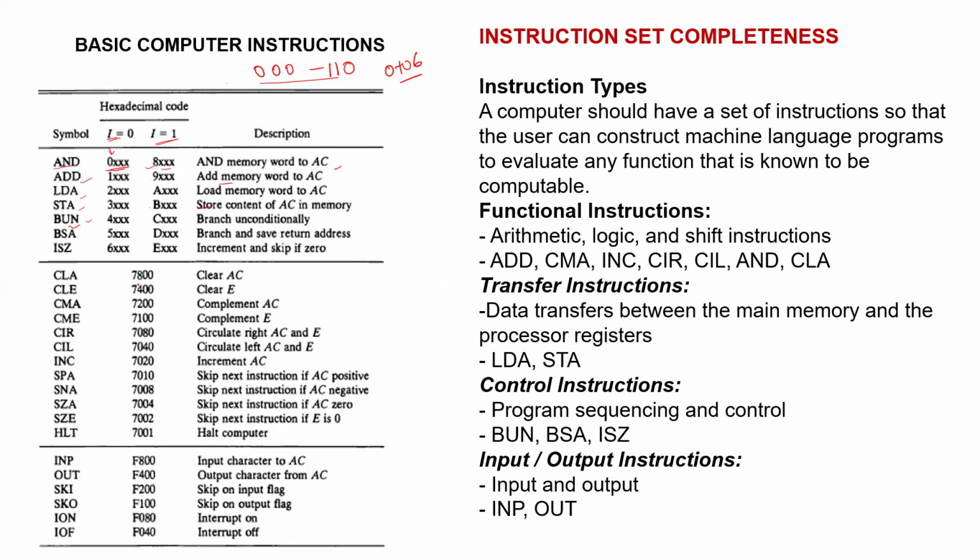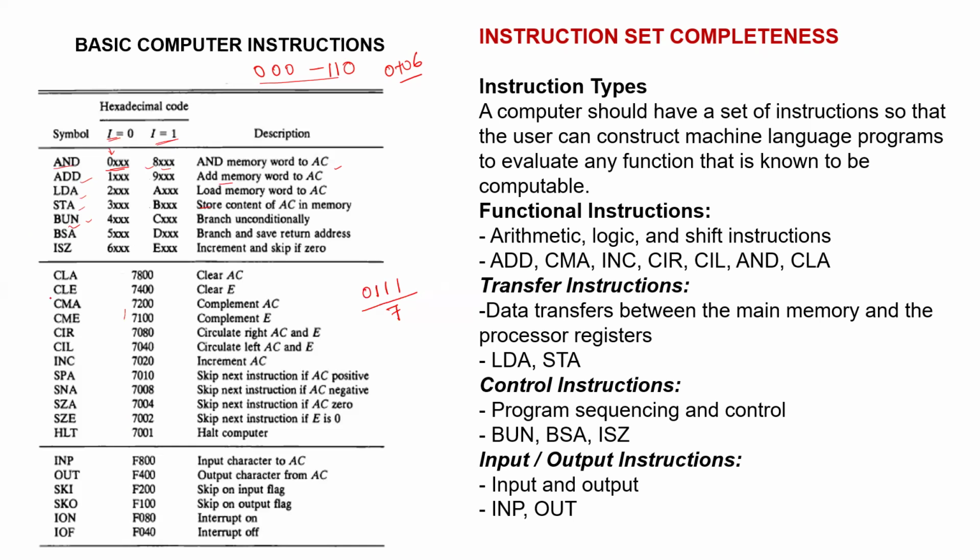In the case of register reference instruction, the last opcode has the combination 111, which is fixed, and bit 15 is 0. So finally this combination is 7. That's why the MSB digit is 7 in the case of register reference instructions.